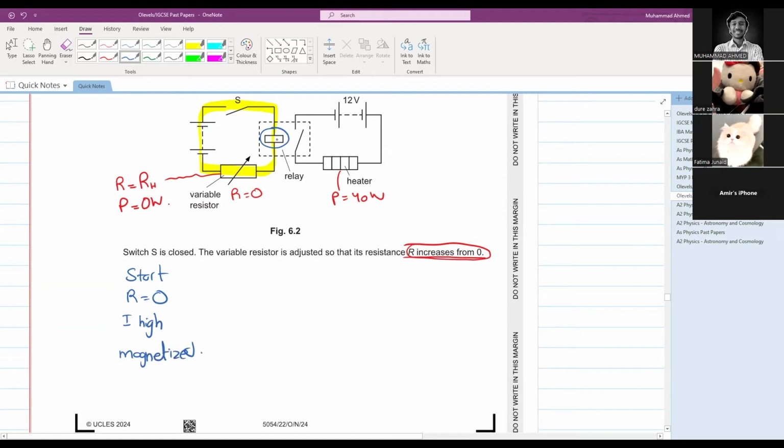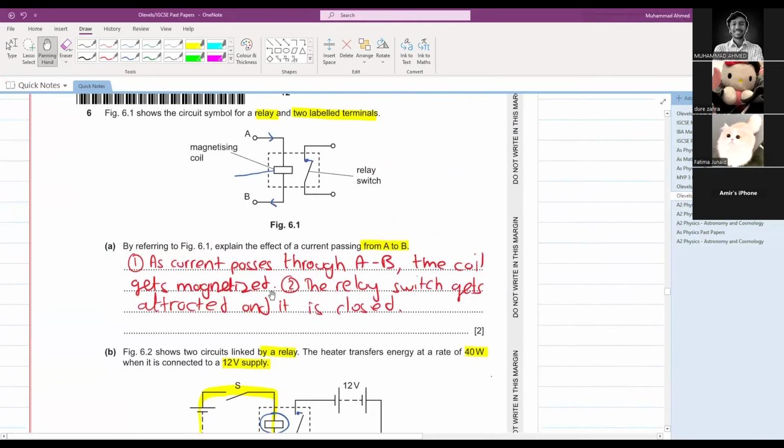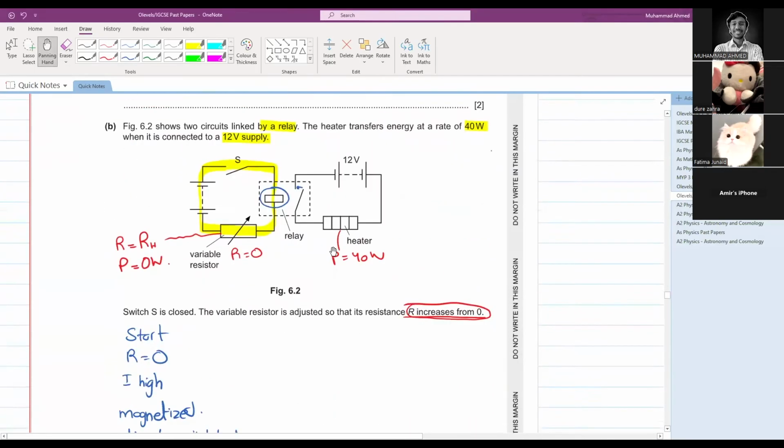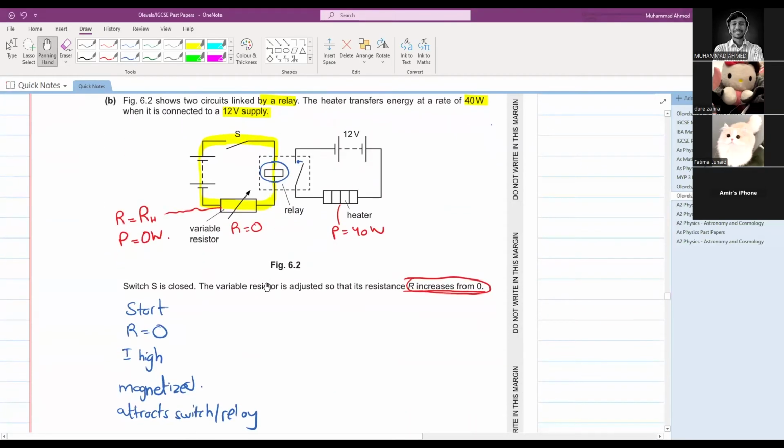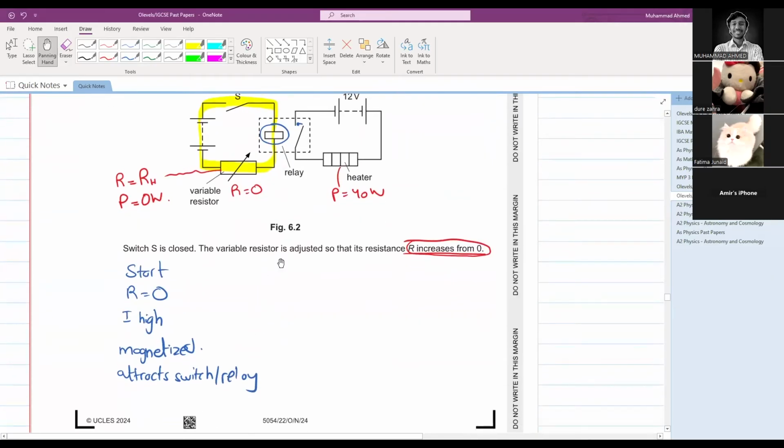As this magnetic coil gets magnetized, it attracts the switch, or you can say relay. And if this switch or relay gets closed, just like here, current flows in this circuit.